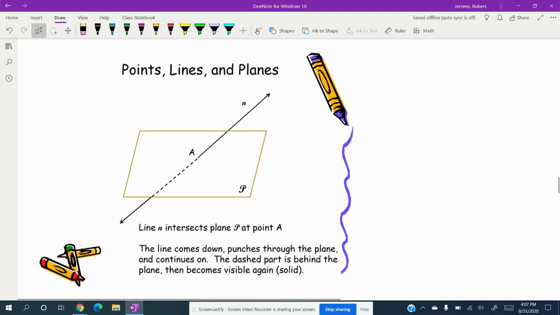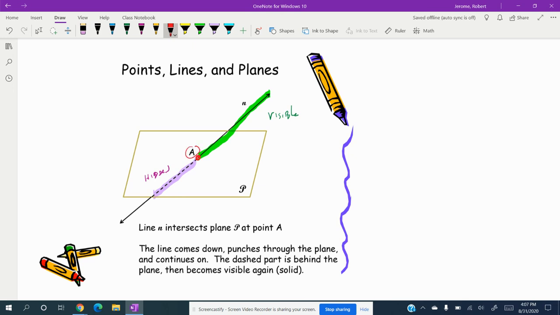We could also have intersections of planes and lines. So if you think about this, we have part of the line that's solid. That means it's visible. We have part that is hidden, right? Or dashed, right? So dashed means it's hidden. It's in the back. And look at right there where it changed.